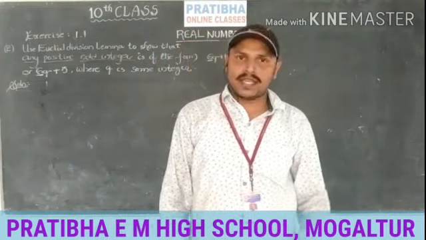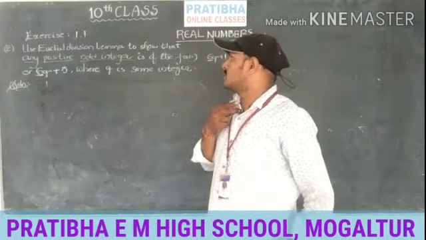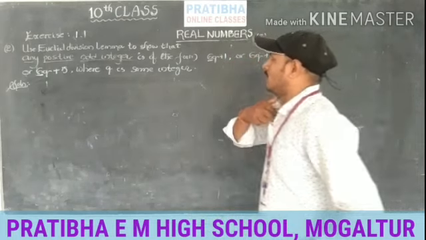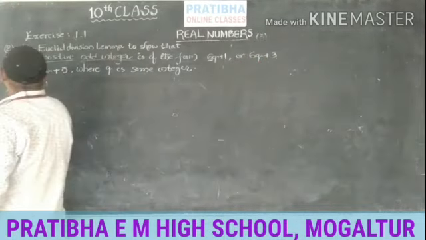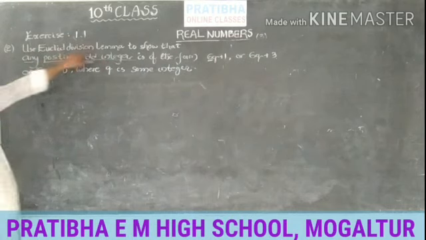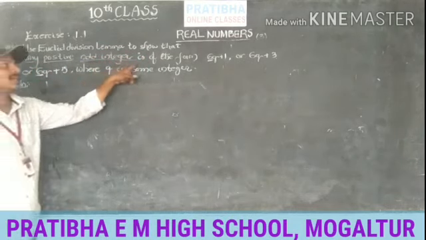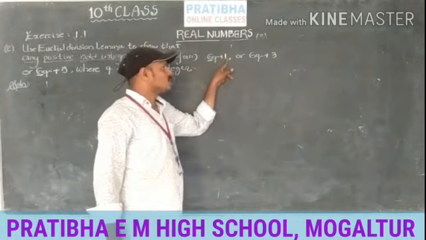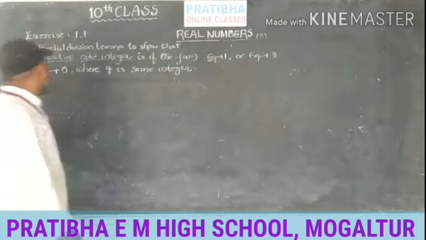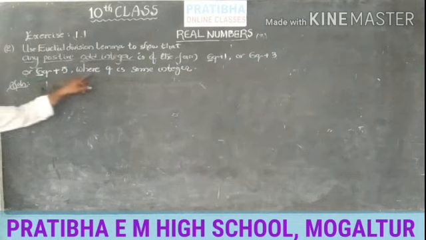Okay, let's do the second problem in exercise 1. Use Euclid's division lemma to show that any positive odd integer is of the form 6q plus 1 or 6q plus 3 or 6q plus 5, where q is some integer.